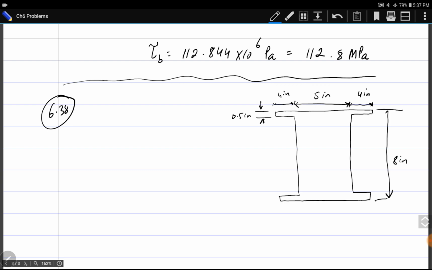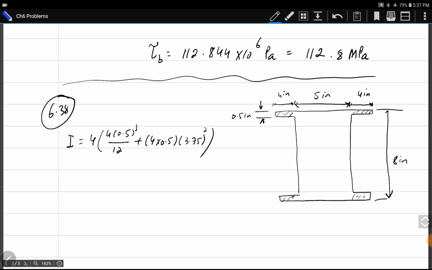Okay, we have to find I. I of the 4 portions is equal to 4 times (4 into 0.5 cubed divided by 12 plus A d squared), because these 4 portions do not lie on the centroid of the cross section. Their area is 4 into 0.5, and d is 3.75.